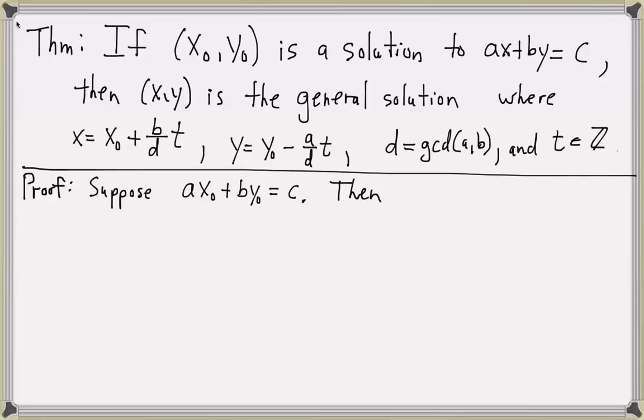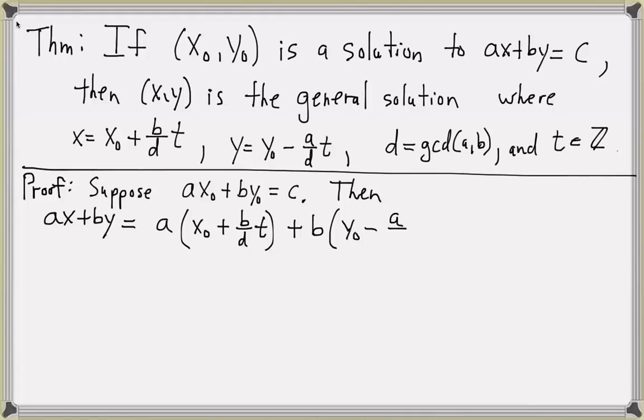Then ax plus by equals a times (x0 plus b over d times some integer t) plus b times (y0 minus a over d times t).